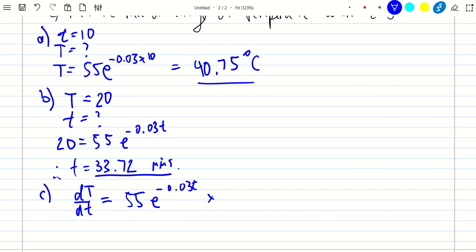It's going to be that, but then we need to multiply by the derivative of that inside function. So the bit that's up the top here, we need to multiply by the derivative of that. What is the derivative with respect to t of negative 0.03 t? That'll be negative 0.03. Okay, so that'll be the derivative there, and we'll just clean that up a little bit.